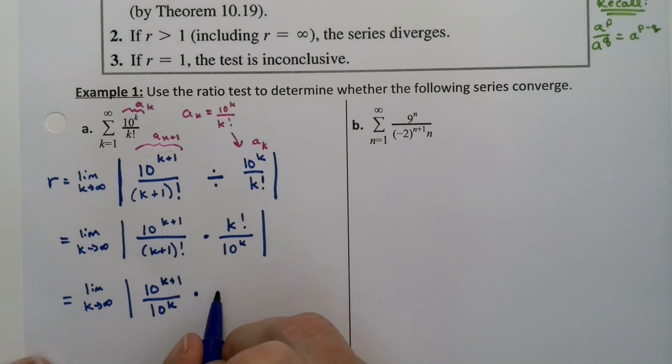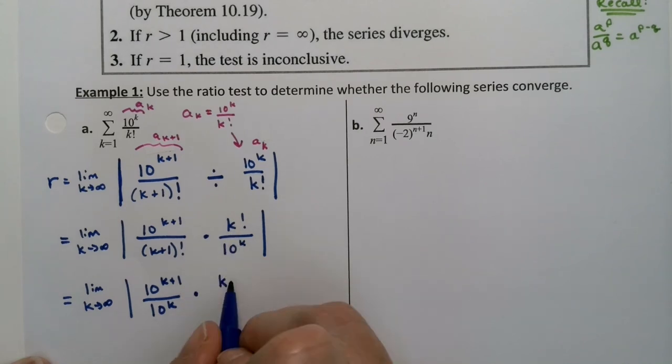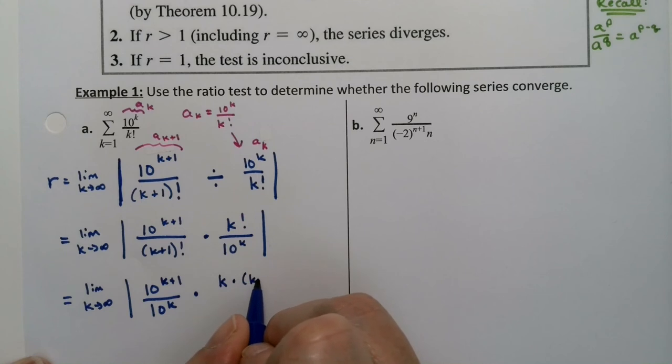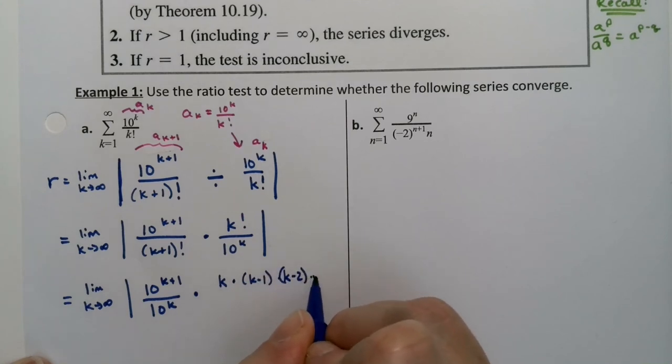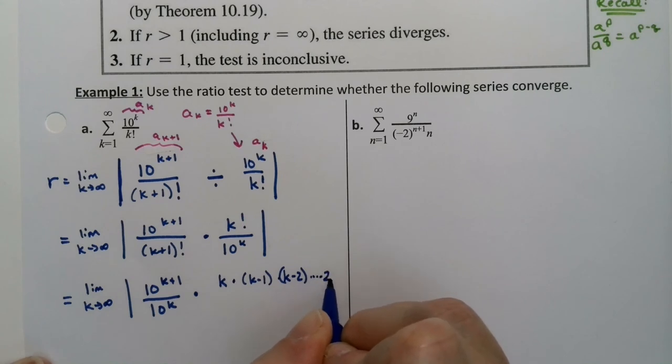Times, and then think about k factorial. K factorial means it's k times k minus 1 times k minus 2, and you keep multiplying until you get to 2 and then 1, and you're done.